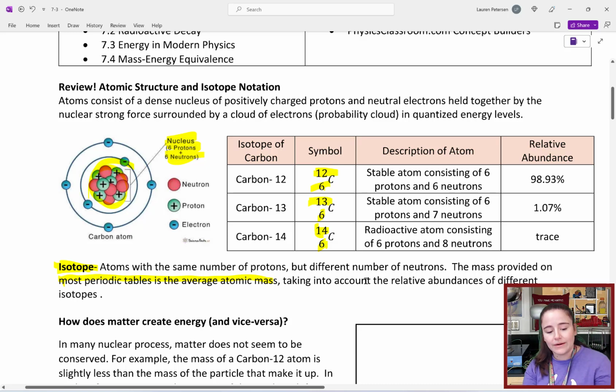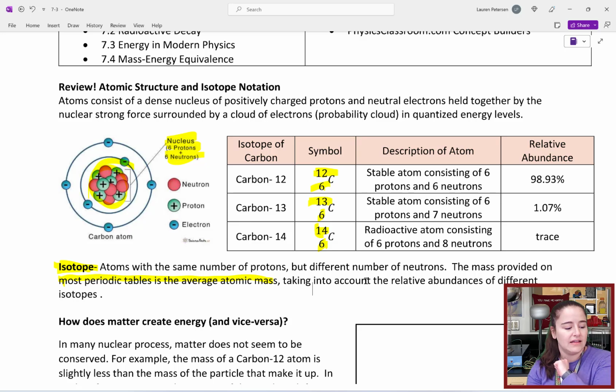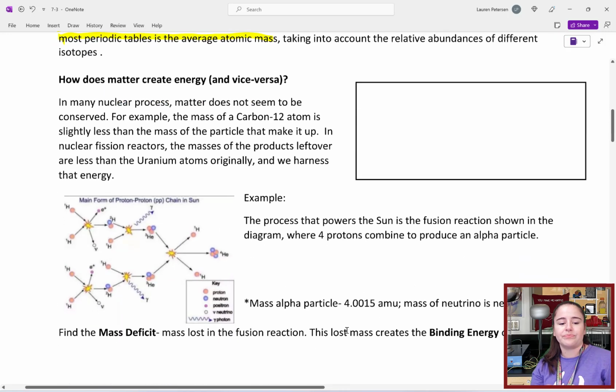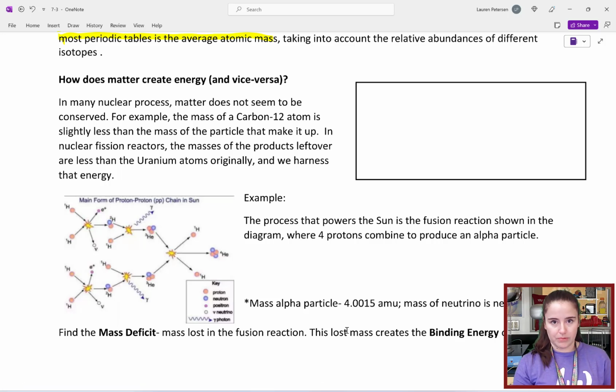So when we do these types of problems, we will need very specific, very detailed masses, with a high level of precision. Now, we were looking at nuclear processes, and we had our two laws, the conservation of mass and the conservation of energy.